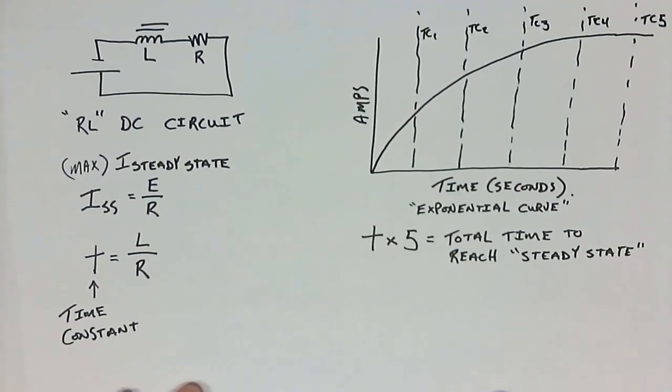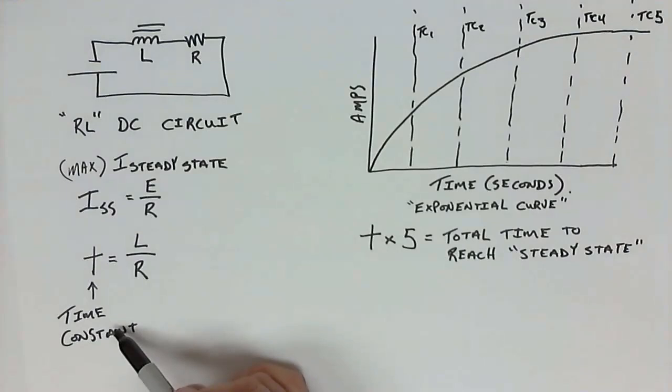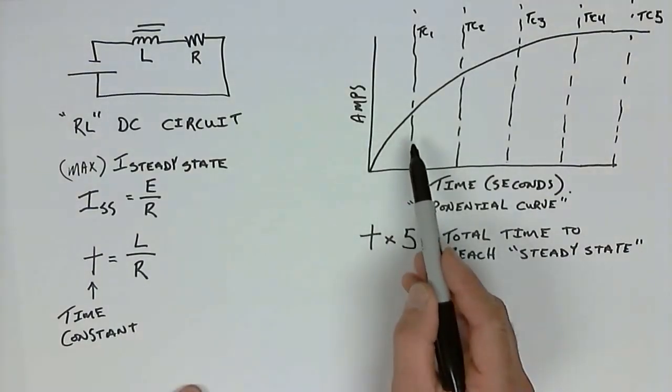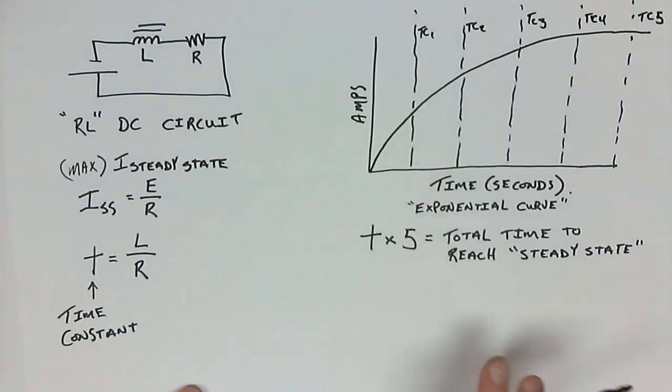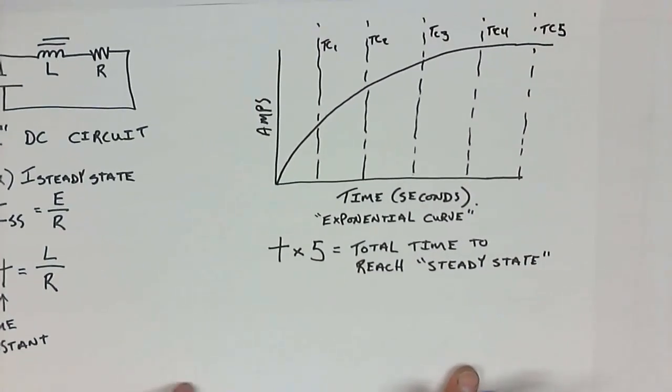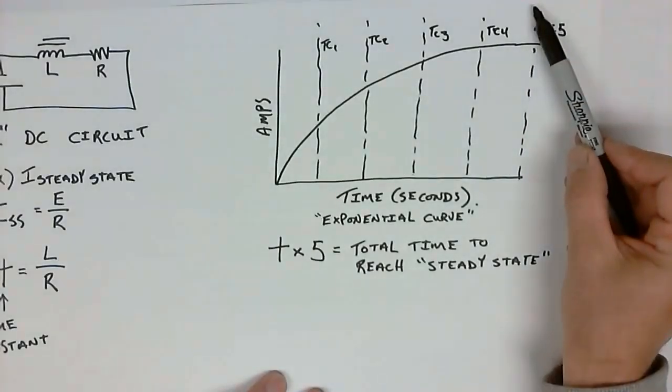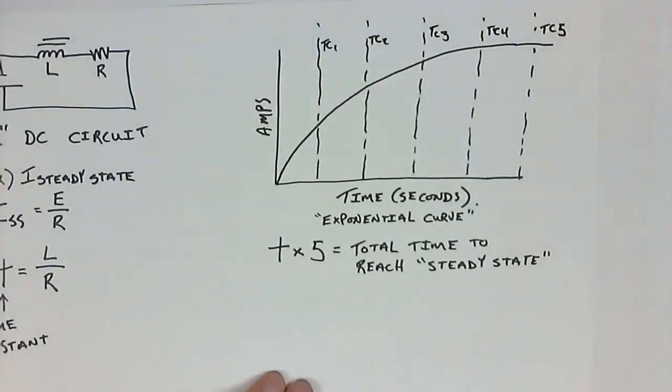So we have one calculation to determine what one slot of time is over here. And then we have another calculation to determine the total amount of time that it will take for us to reach this full steady state value. Let's take a look at a few examples of this calculation in use.